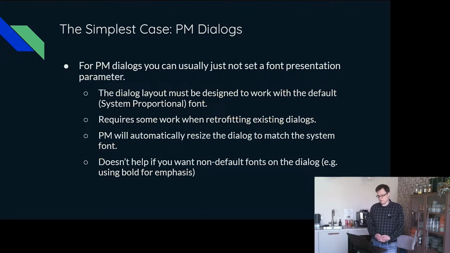So for existing programs, you might have to do some work to relay out the dialogs. I've had to do this with a lot of my programs, for example. And also, this advice doesn't entirely help if you need to have particular fonts or variations of fonts on your dialog. For example, you want bold text for something, or you want to have an enlarged heading for something.